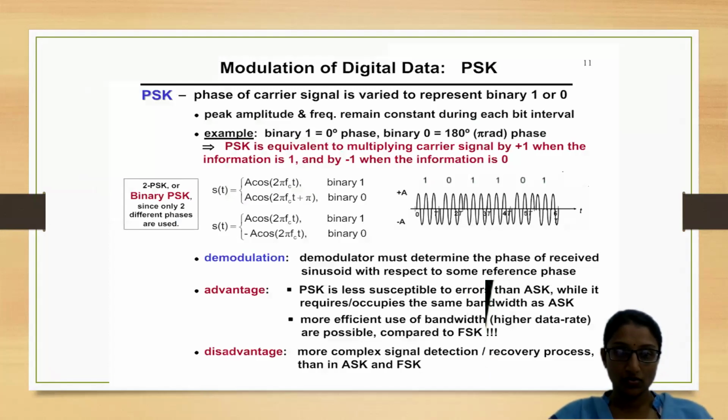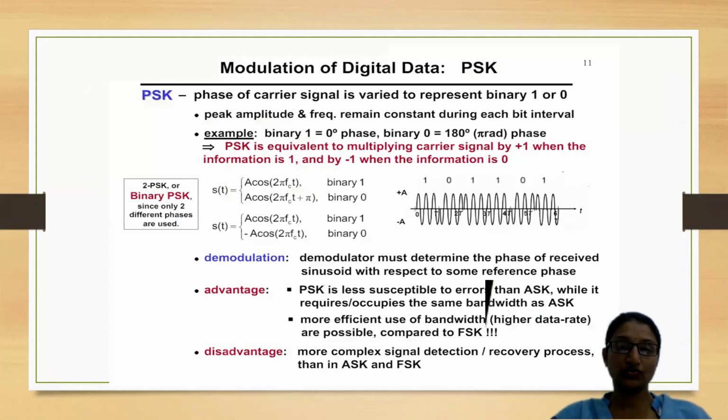Right. Now coming to the demodulator, it must determine the PSK phase of the received sinusoidal with respect to some reference phase. Advantages: PSK is less susceptible to errors than ASK, while it occupies the same bandwidth as ASK.